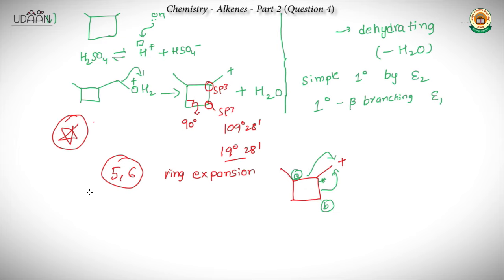I will give you a migration order, and also the reason for it. Quaternary is greater than tertiary, which is greater than secondary, which is greater than primary. When you say greater than, what do you mean? Migration order, the ability with which it migrates.